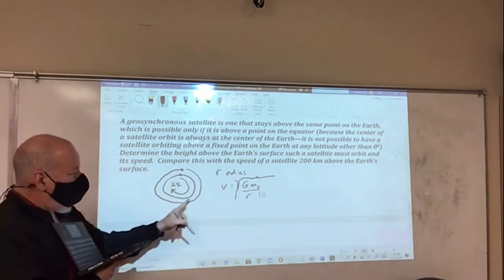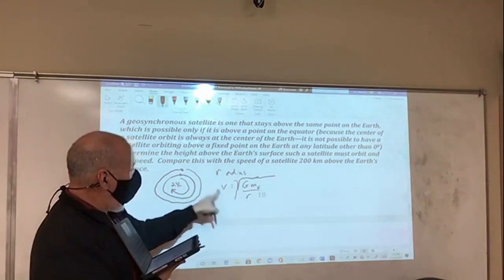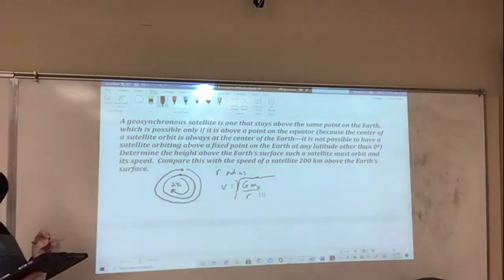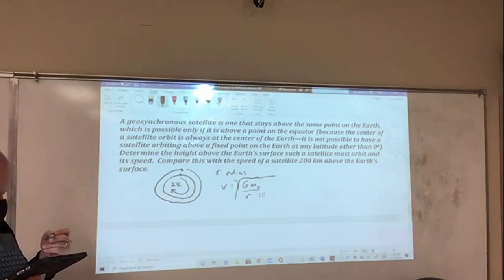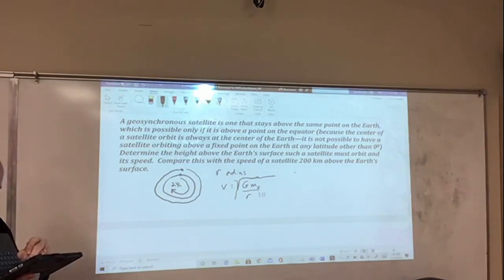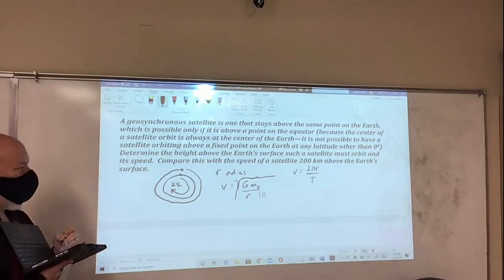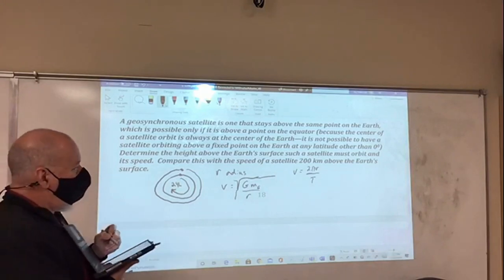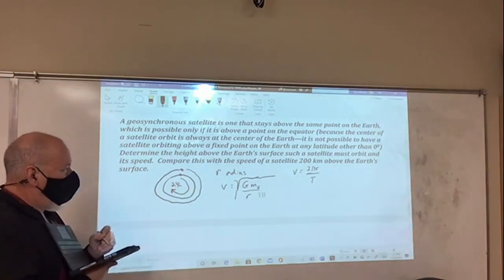Is there something else that I know about the velocity that might help me? Do I know that V equals 2 pi r over the period? Okay, so V equals 2 pi r over the period.